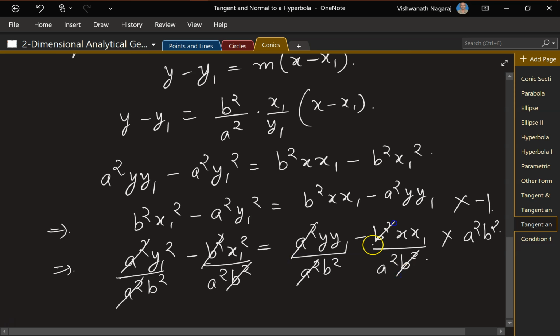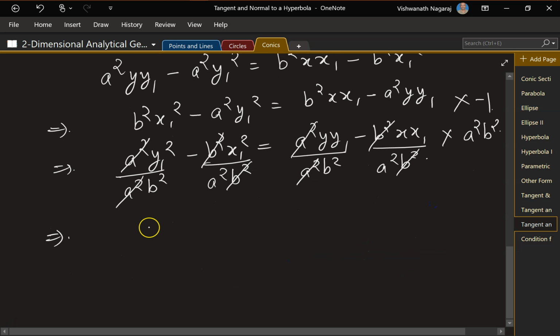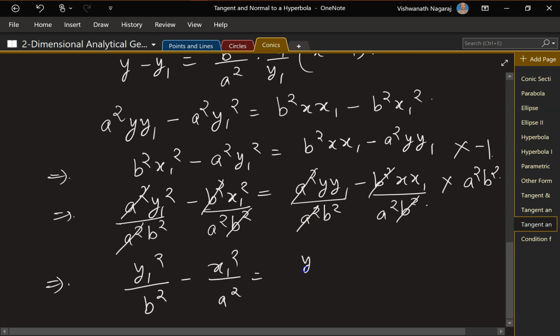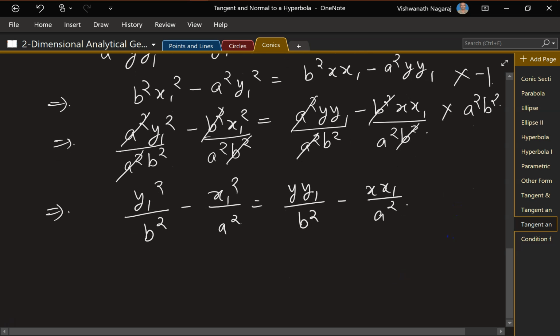So now we have y1 squared by b squared minus x1 squared by a squared is equal to y1 y by b squared minus x1 x by a squared. Okay, I think we should not have multiplied by minus 1. Since we shouldn't have done it, let's redo it to get back there.